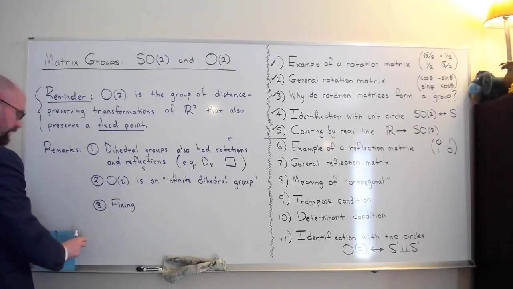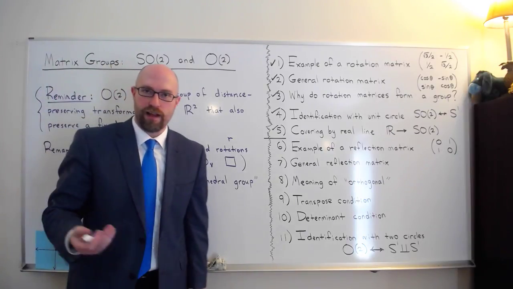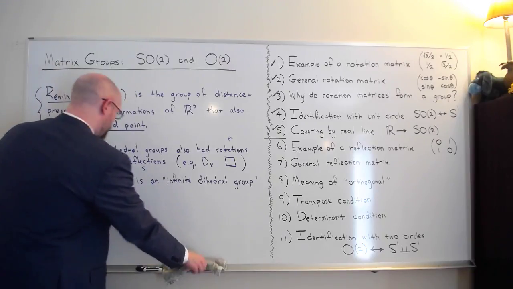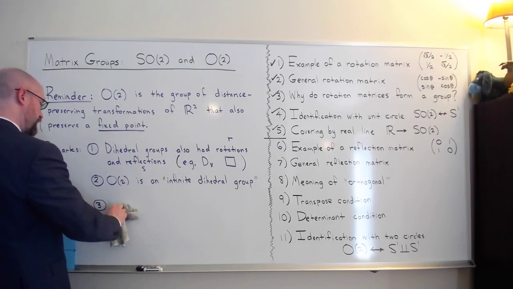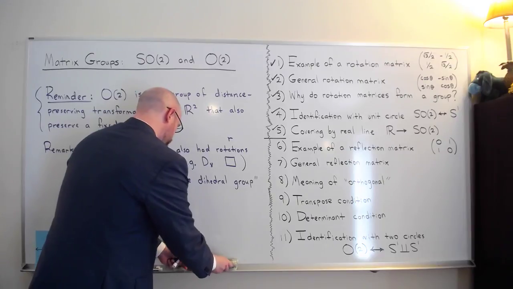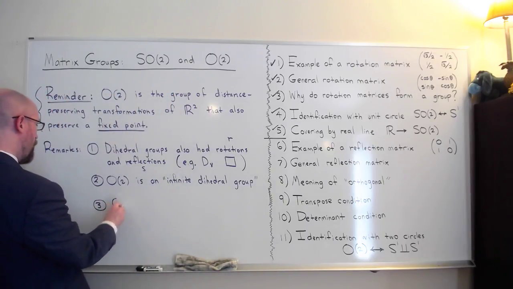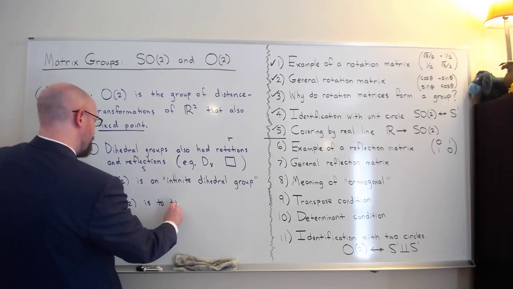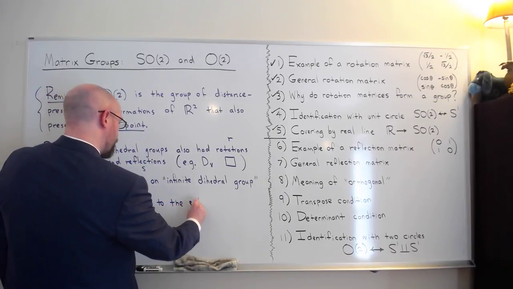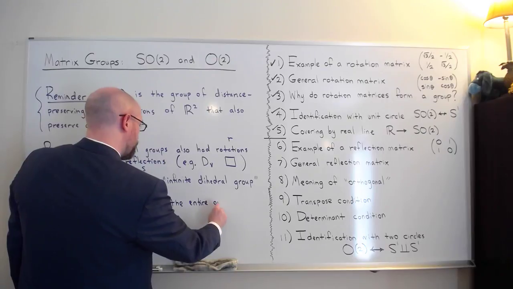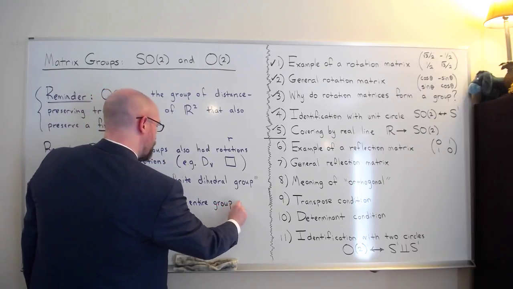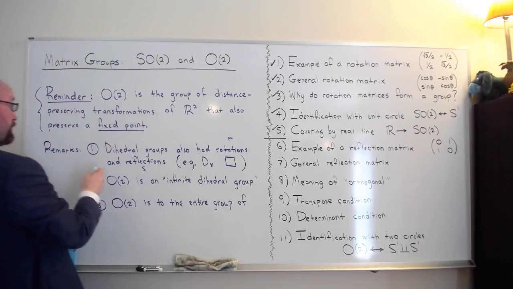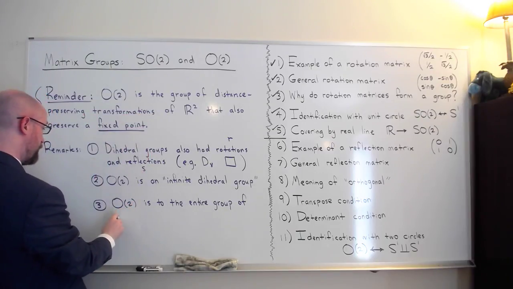Some of you are interested in theoretical physics, so I'll just say this, and the rest of you can ignore it. But so O2 is to the entire group of distance preserving transformations of R2.